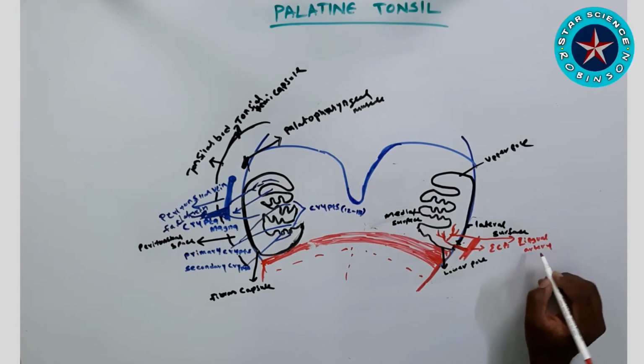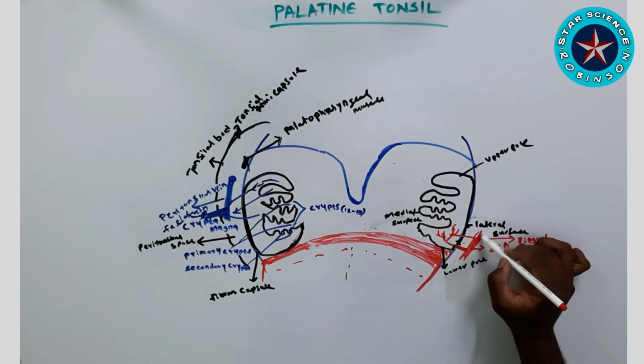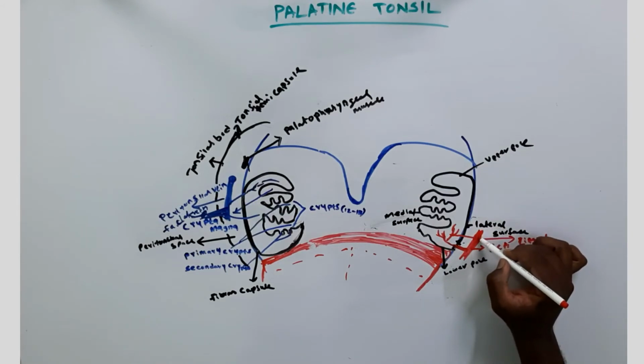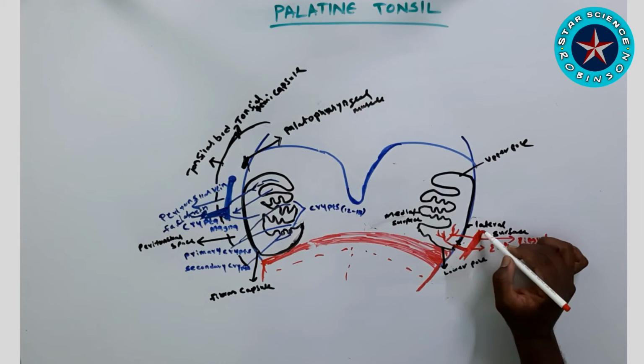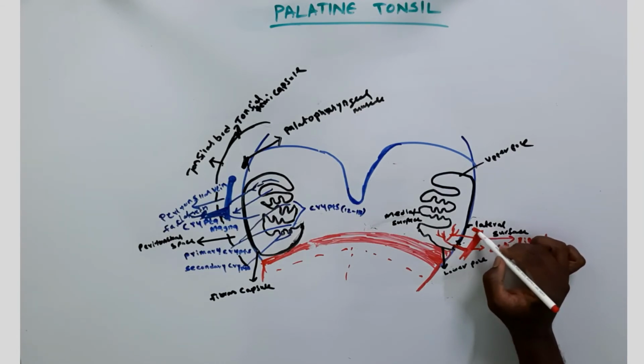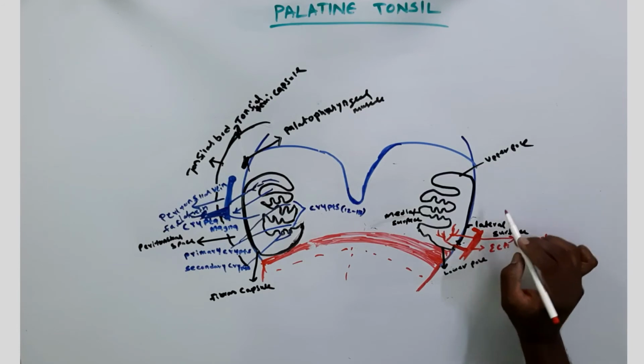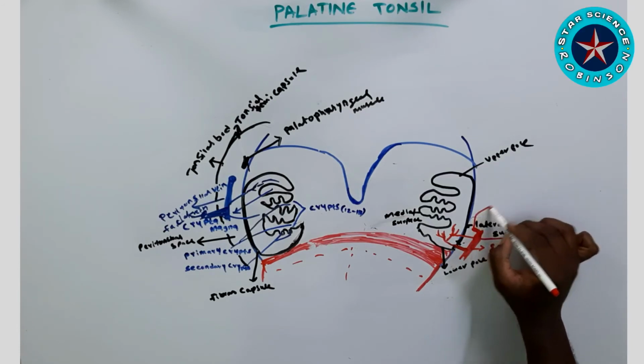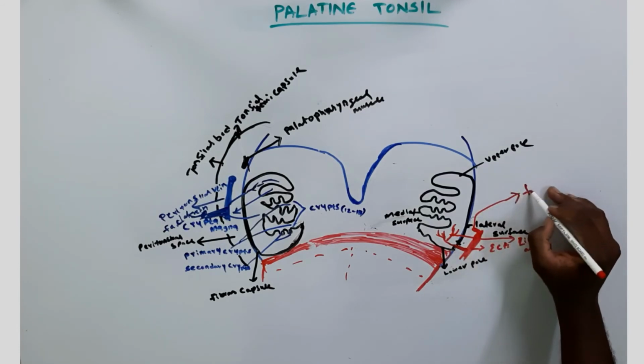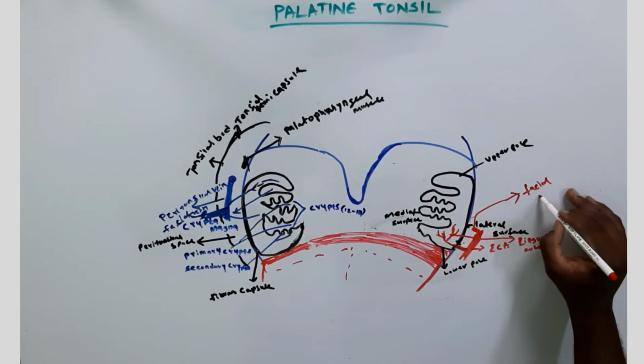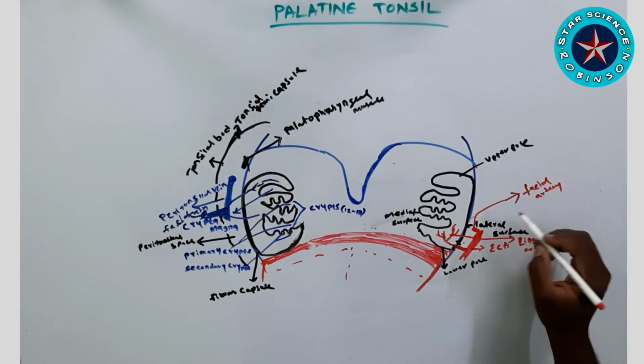First we can see here the lingual artery, and as the external carotid artery goes upward, one more branch enters the palatine tonsils, called the facial artery.